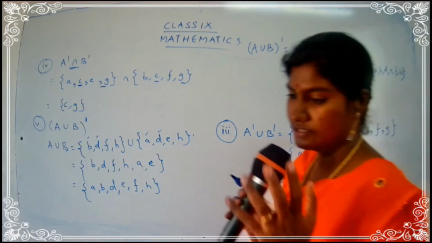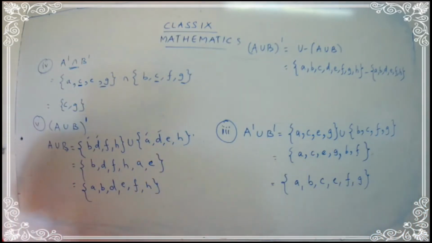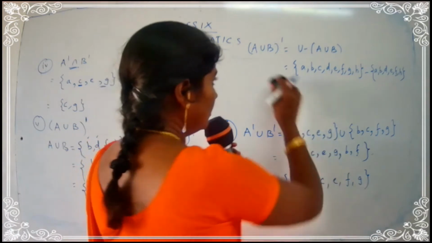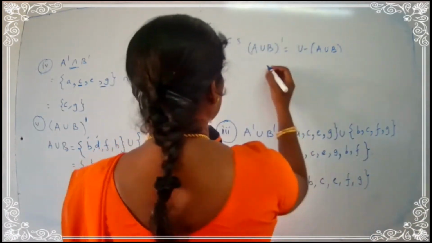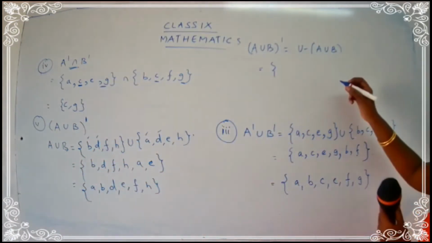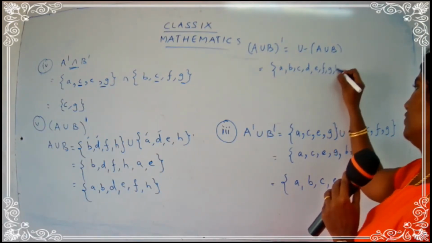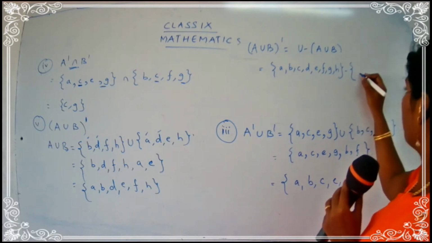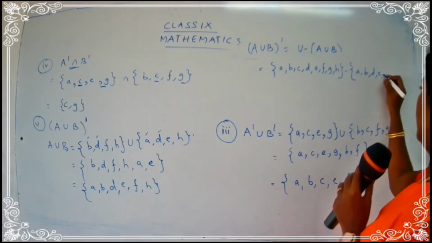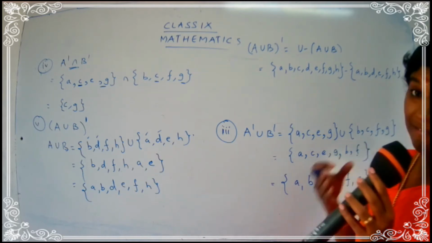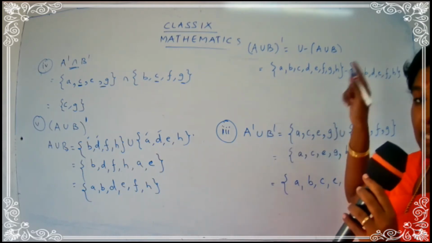Very easy. It's a very, very easy exercise. So I have written down the value for U, and I have also written the value for A union B. I hope you are clear with the members. Shall I rub it and write it again? Okay, I'll just rub it and write it again. So this is equal to U is A, B, C, D, E, F, G, H minus A union B, A, B, D, E, F, H. So I have told you, whenever you are doing minus, you have to cancel the common term.